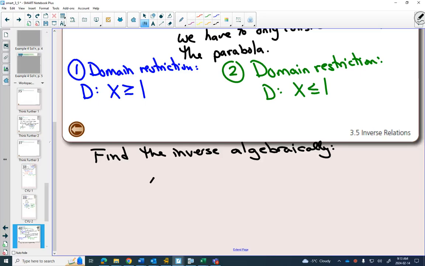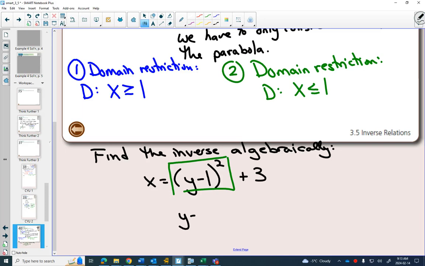So if I did that, I get x equals (y minus 1) squared plus 3. And if you want to solve for y, first, let's get the squared by itself. I have to subtract 3 on both sides.